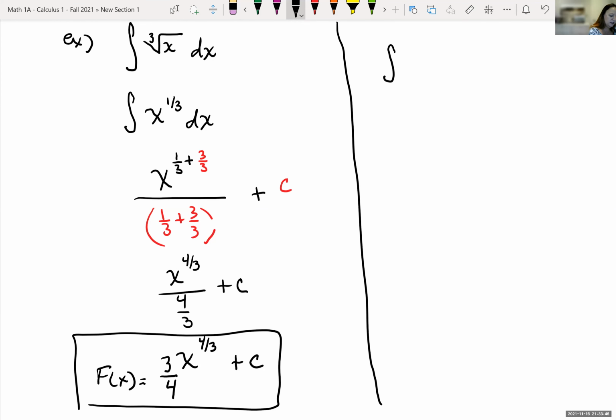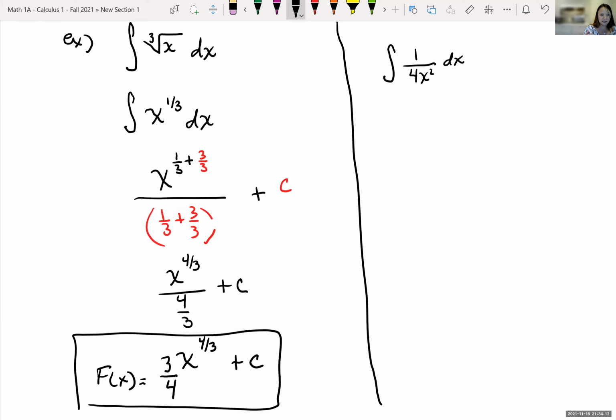What if it was 1 over, let's say 4x squared dx? So same idea, we want to rewrite this so it's in a form that we're recognizable and can take the antiderivative of. So let's rewrite that integrand.